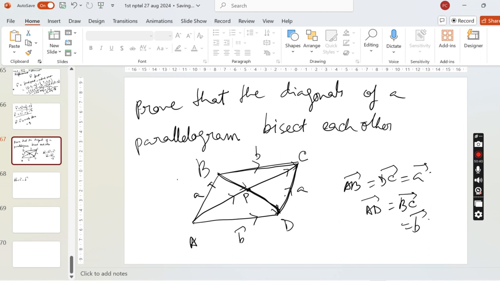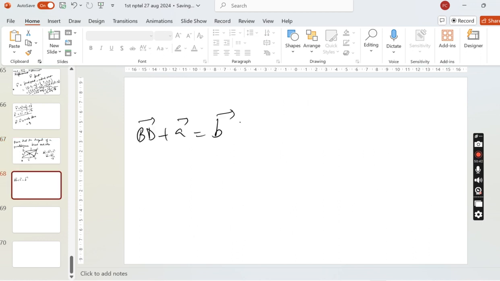Then BD is equal to, can we say, b minus a. So can we say x is equal to b minus a. X is a scalar, here x is 1.